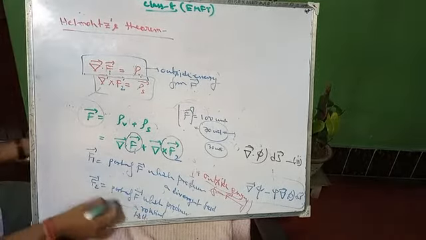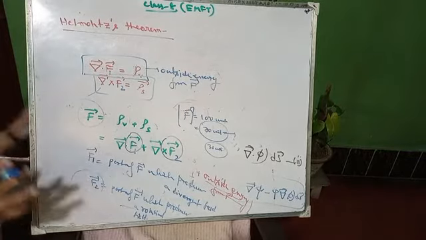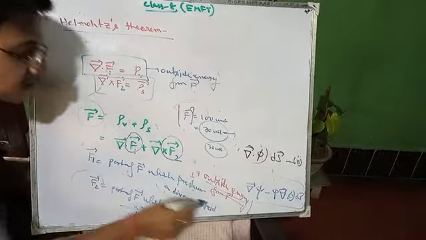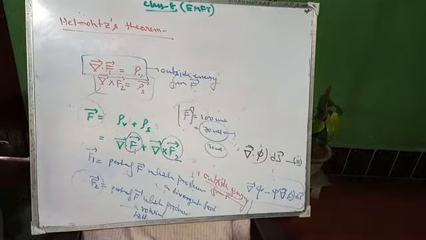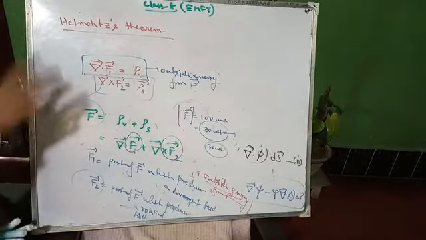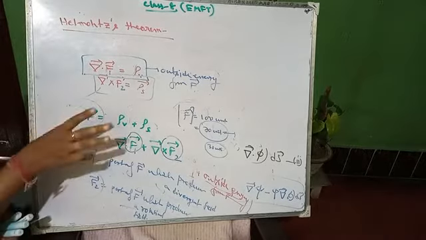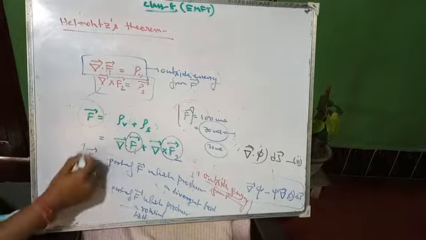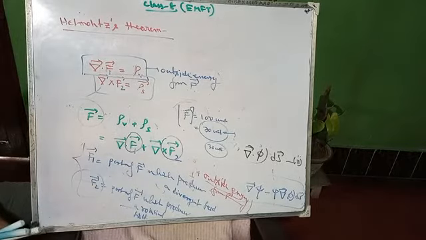The rotational field is always the inside or inner part, and divergence is always the outside part. So after applying the Helmholtz theorem, any vector can be expressed this way. This F1 and F2 are nothing but two parts of a complete vector. Okay, so this is your Helmholtz theorem.